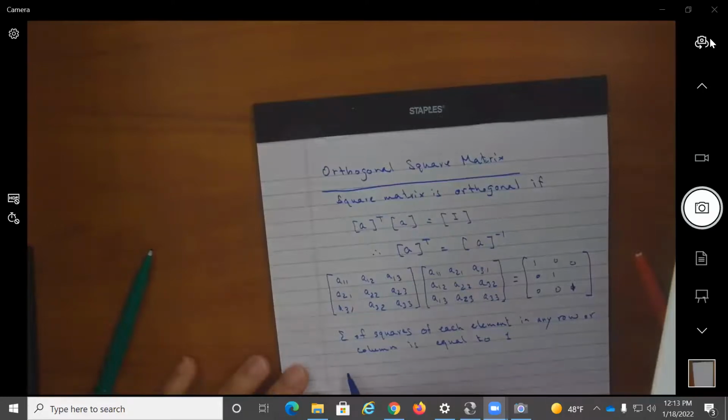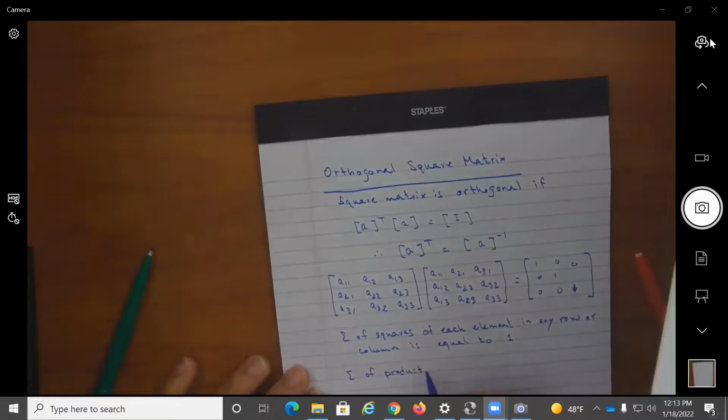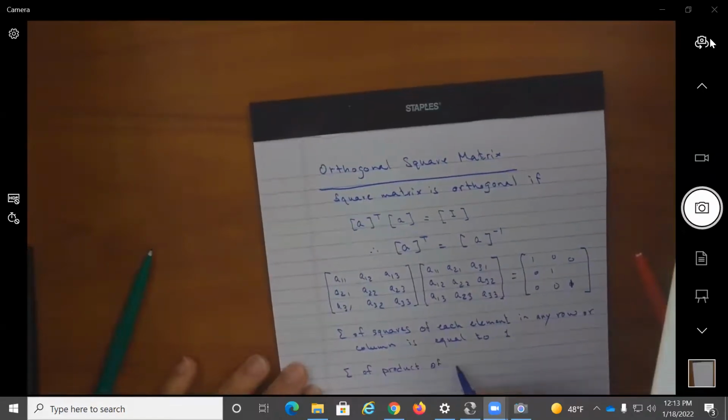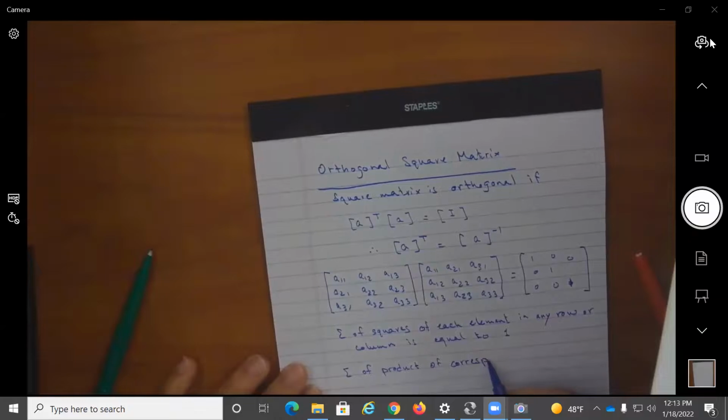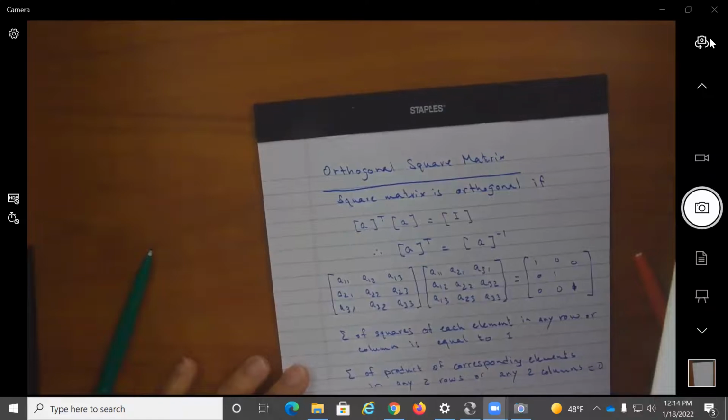The other thing we learn is that the sum of the products of corresponding elements in any 2 rows or any 2 columns must be equal to 0.